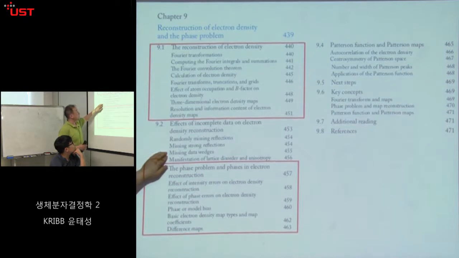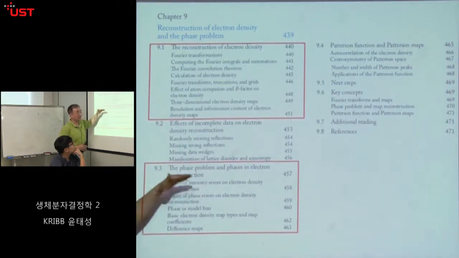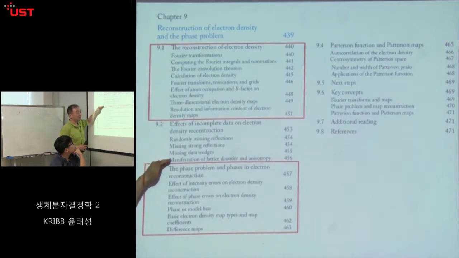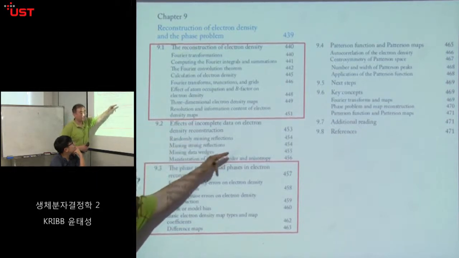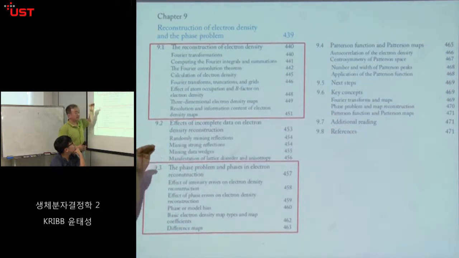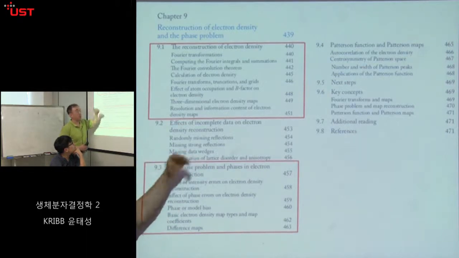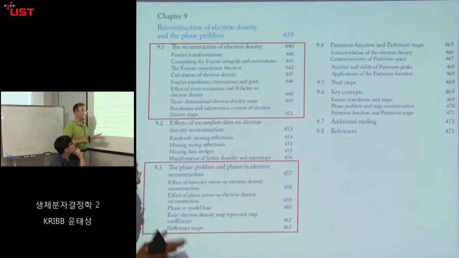Also, if you miss a whole part in reciprocal space, then that could be a problem in real space. But if you miss randomly in reciprocal space, that will not have any practical effect on real space. So we are fine.